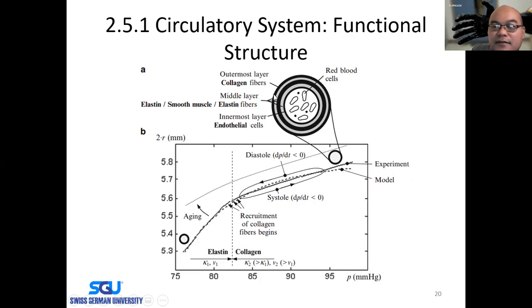The middle layer, the brighter color, consists of elastin, smooth muscle, or elastin fiber. The innermost layer contains the endothelial cells. So the blood vessel has layers, and it functions to distribute the red blood cells and other parts of blood.